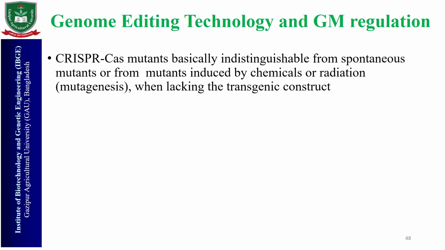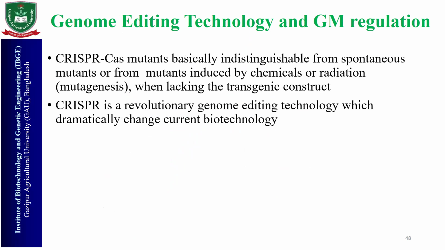Genome editing technology has some advantages: in the case of mutagenesis, without adding a new gene, there is no need to go through the rigorous biosafety procedure. As a result, you can go directly to the field. For example, Japan, which is very strict about GMOs, has released CRISPR-edited products, fish and plants.